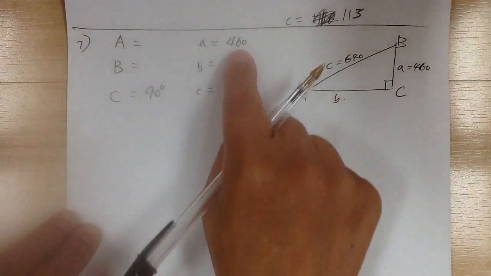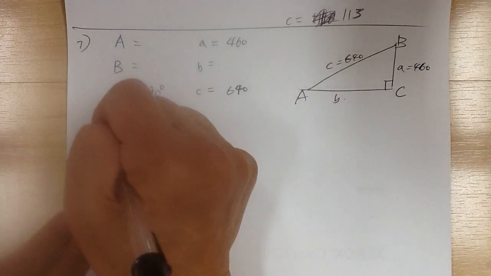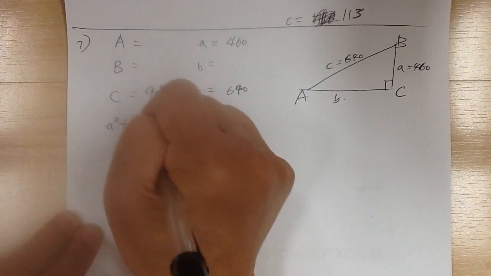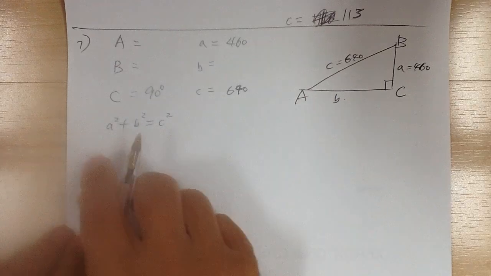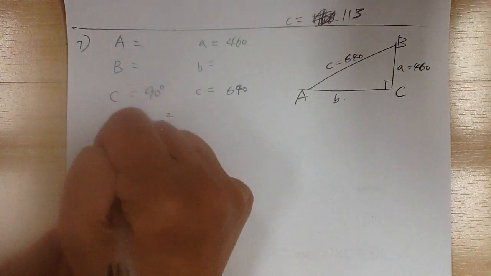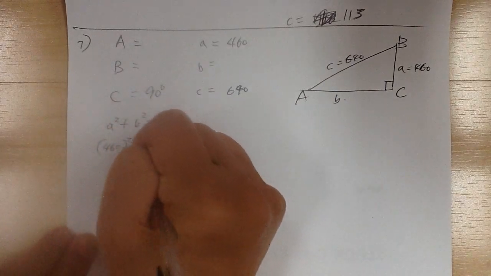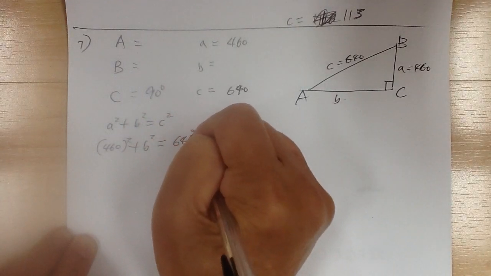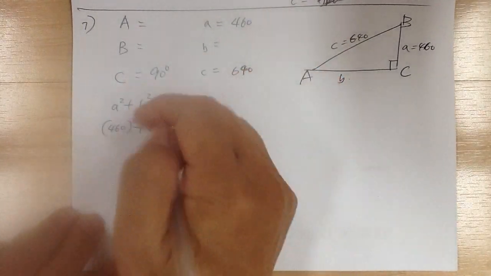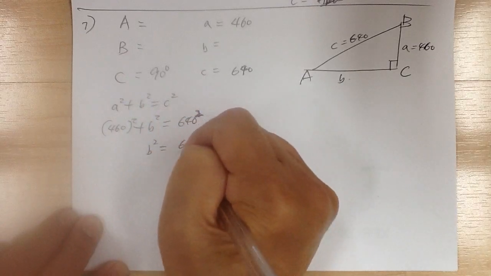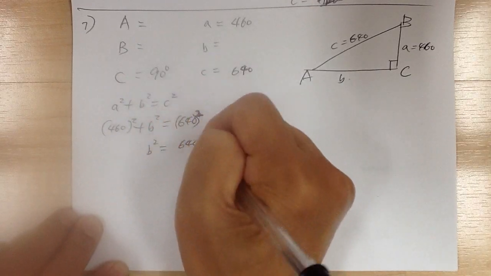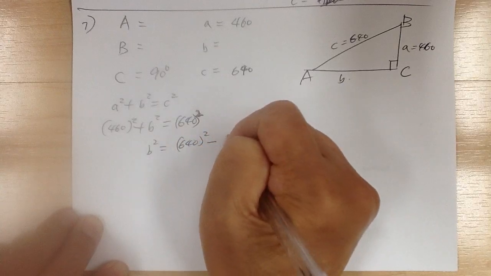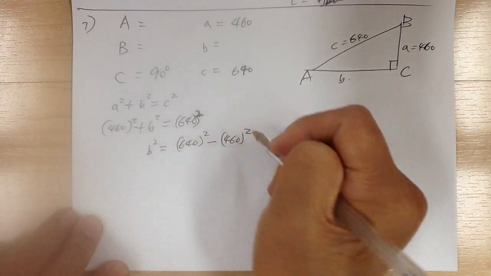Okay, so let's use the Pythagorean Theorem to find b. Yeah, that's probably faster. So a squared plus b squared equals c squared. Okay, so put your numbers in there. So 460 squared plus b squared equals 640 squared. So b squared equals 640 squared minus 460 squared.